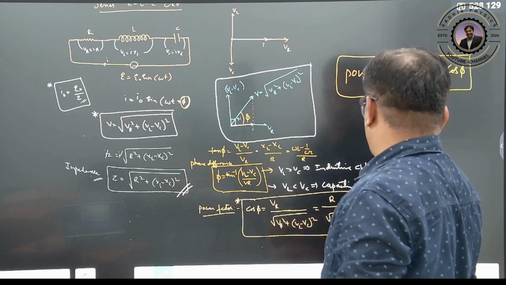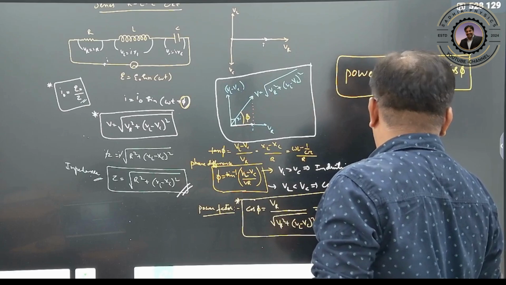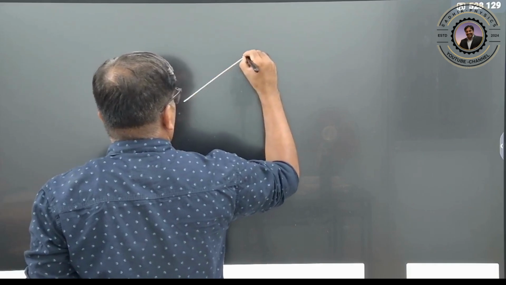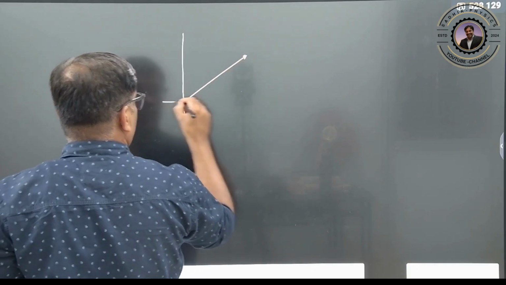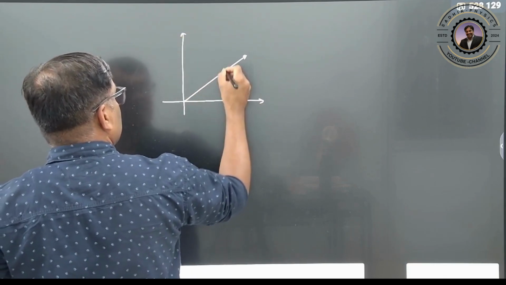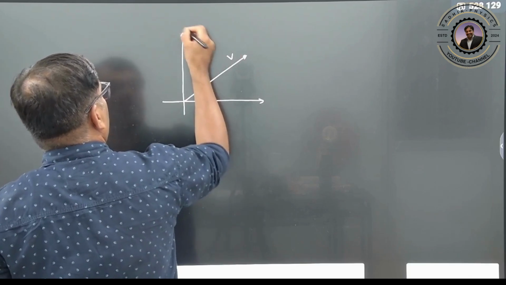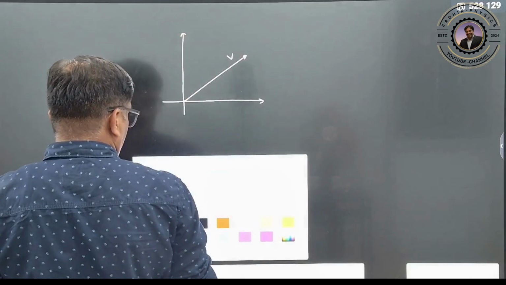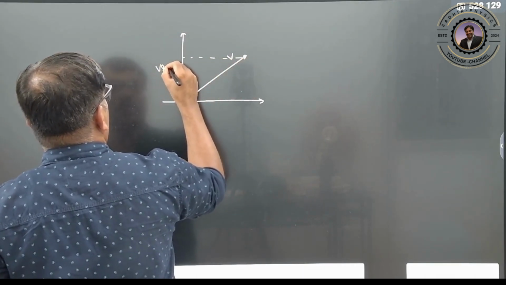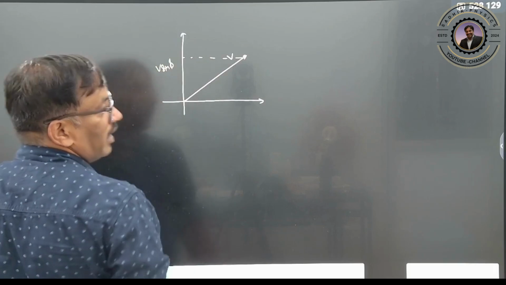Suppose this is your V. The vertical components will give us V sin phi, the instantaneous values.